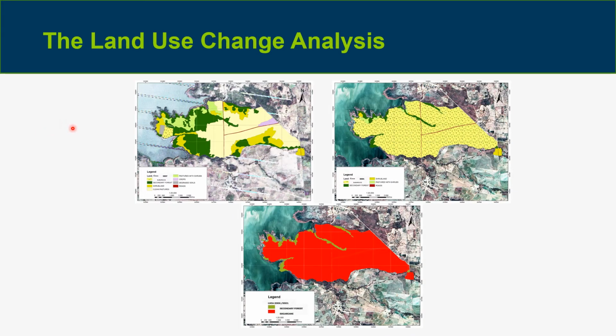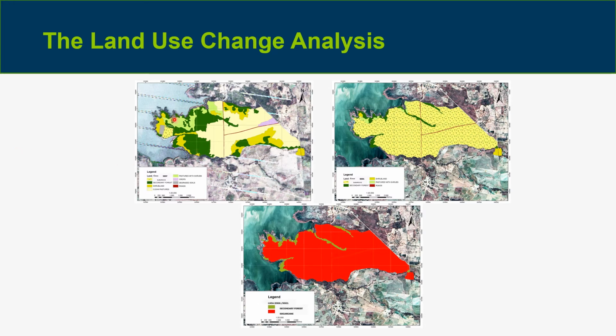The methodology again is the land use change analysis, that is the transposition of intertemporal satellite imagery to analyze land use change. And in this example, the land use change analysis, the LUCA, can identify whether there has been a land use change from internationally identified natural ecosystems to sugarcane between 2008 and 2021.